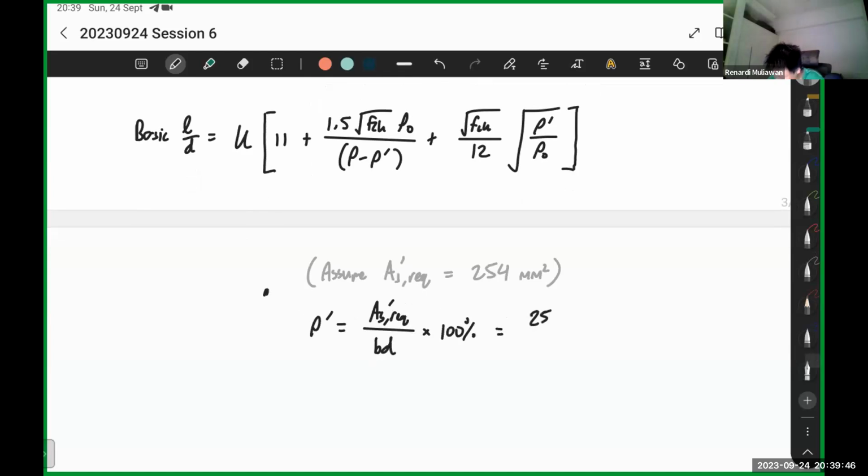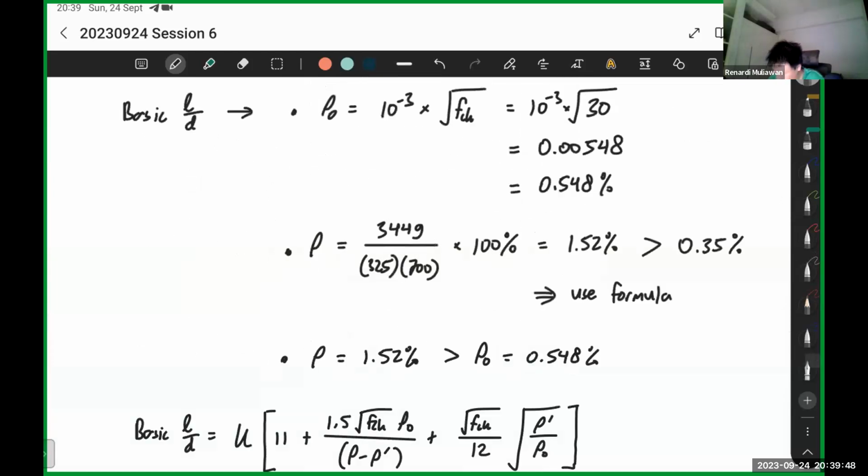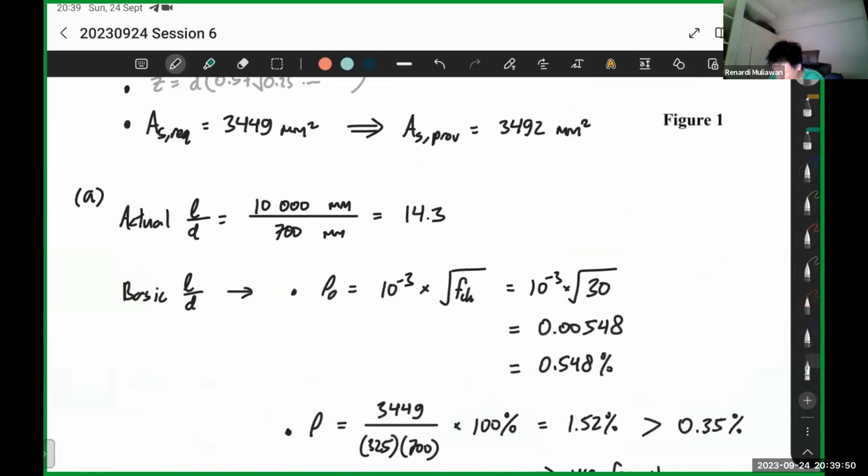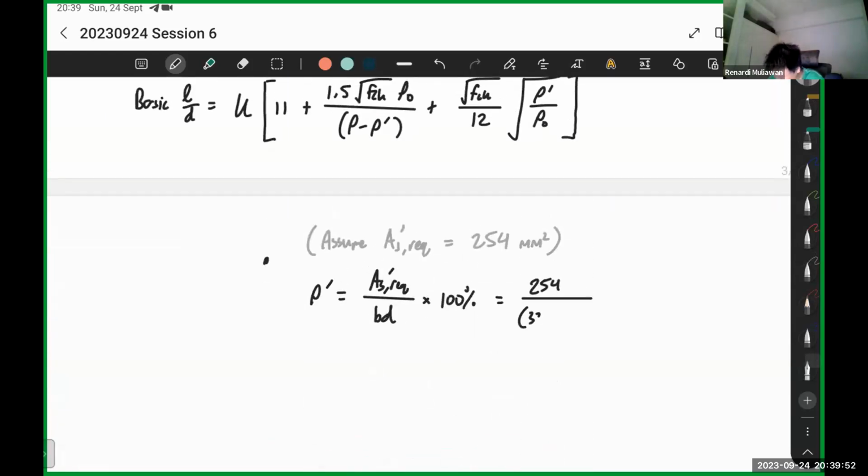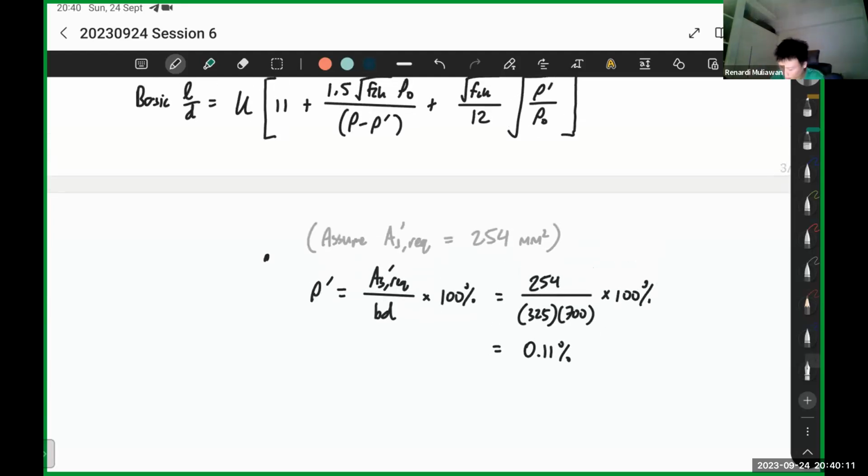So 254 divided by 325 times 700, times 100%, you'll get 0.11%. Now that you have all this, you can plug in the formula.